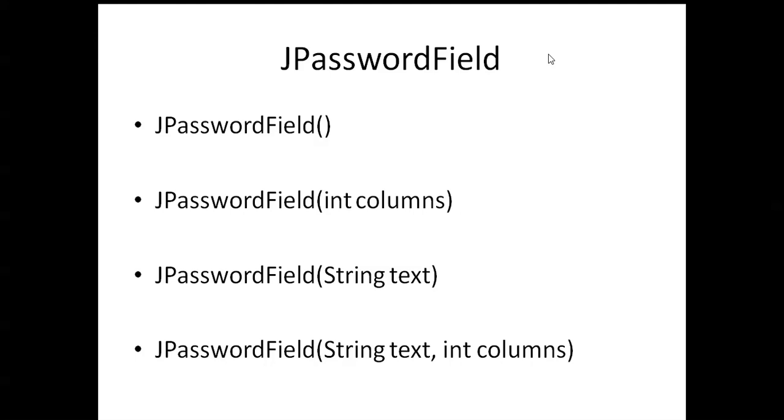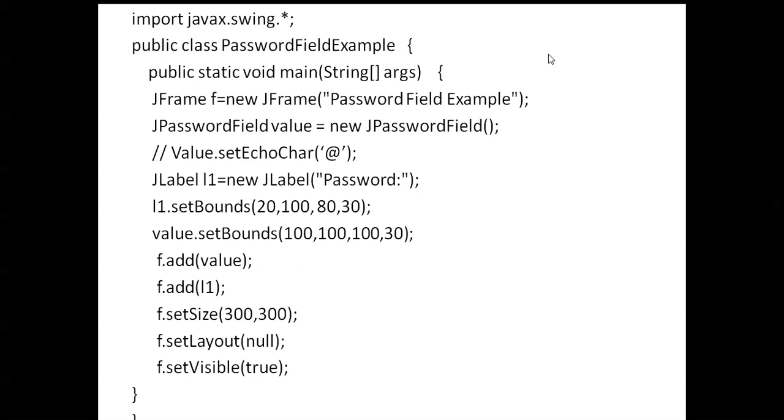And the last constructor form is JPasswordField(String text, int columns), where text is used to specify the message which is to be displayed, and columns is the number of characters in a text.